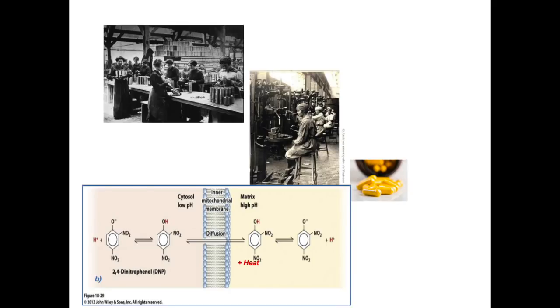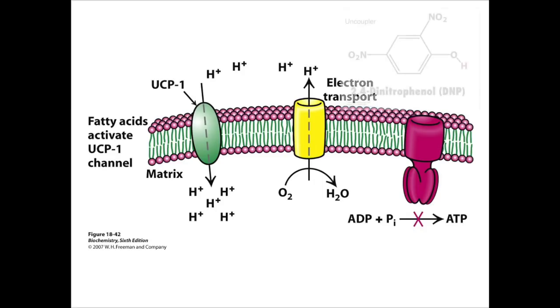And so it's a vicious cycle, and literally this woman died from uncontrolled fever. Really scary stuff. And so thermogenin and DNP are both uncouplers of oxidative phosphorylation. These uncouple the oxidative part from the phosphorylation part.